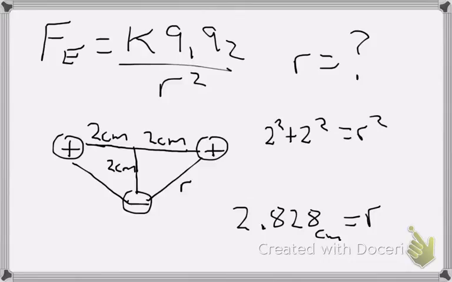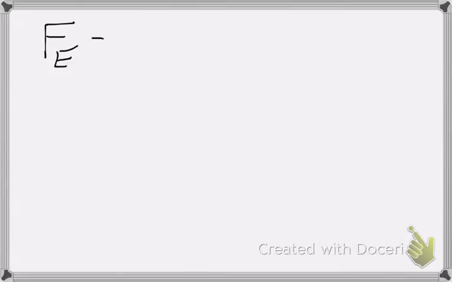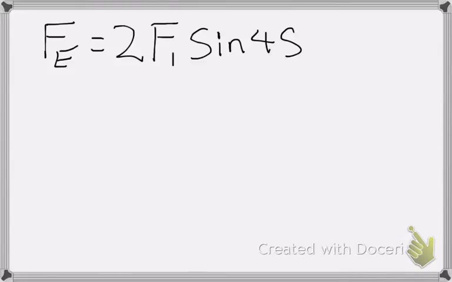Now we can figure out the force from one of those sides, then find the vertical component of it, and then wrap this up and find the total force. Easy enough. Remember, it's going to be 2 times the y component, and F1 sine of 45 is going to be the y component, and F1 is found using the radius we just found.